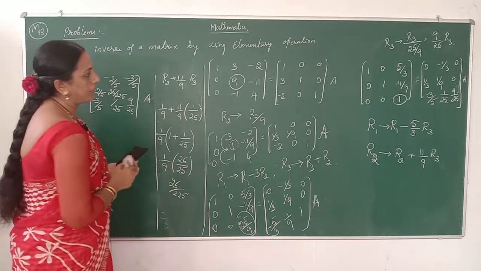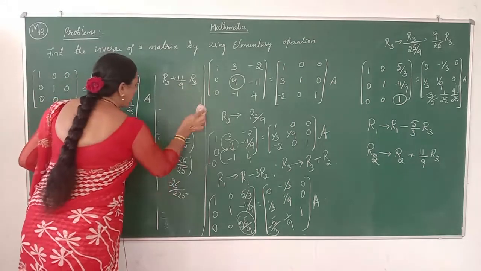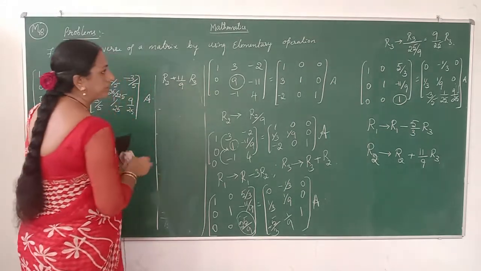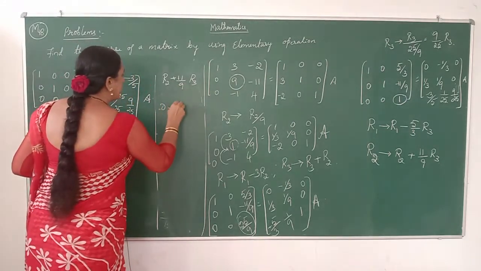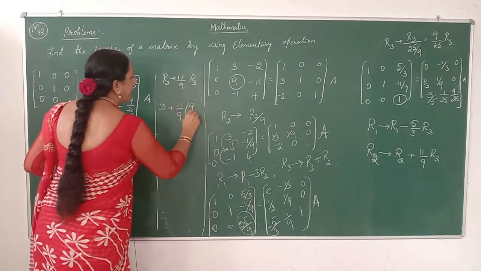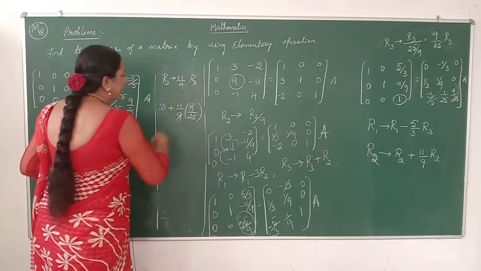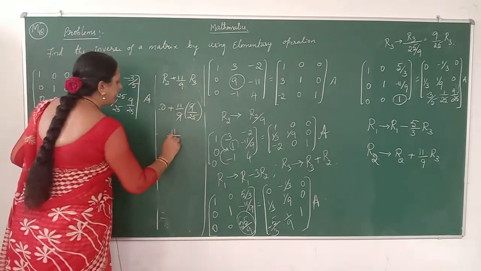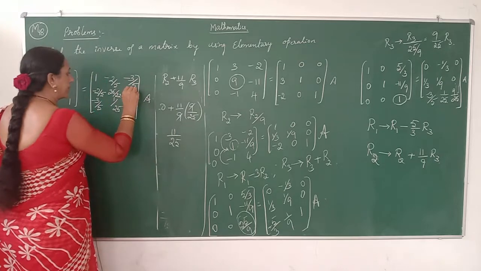Then the third element of R2 is 0 plus 11 divided by 9 of R1, which is 9 divided by 25. Again the 9 gets cancelled. 11 divided by 25.